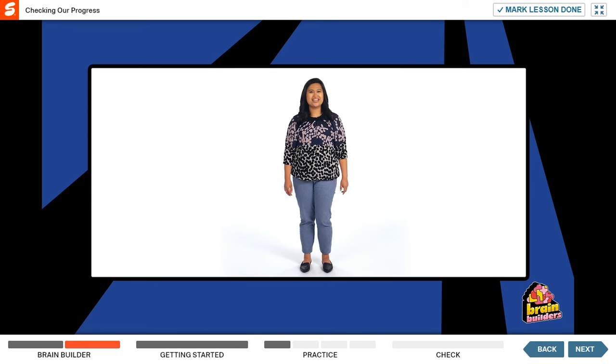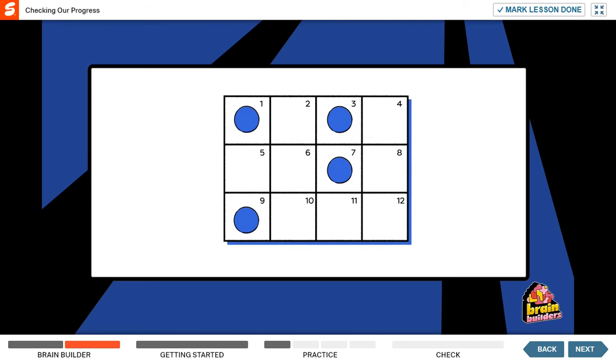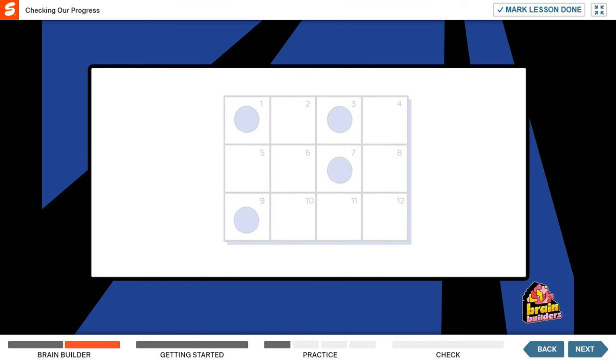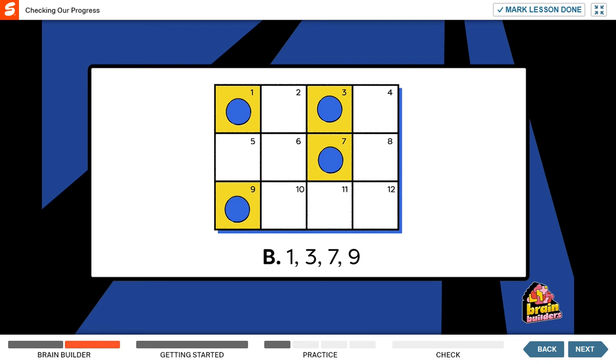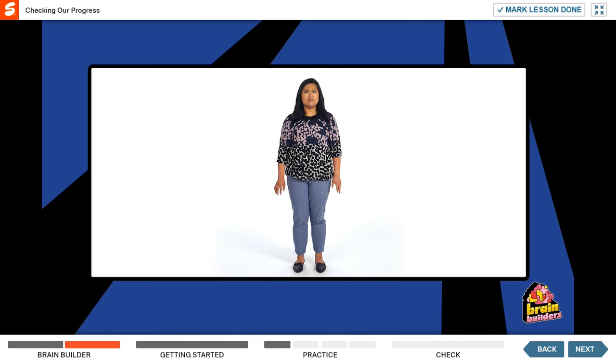Try another one. If you think the answer is A, tap your head. If you think the answer is B, wiggle your fingers. The answer is B. You should have wiggled your fingers. It's okay if you didn't remember where the dots were.